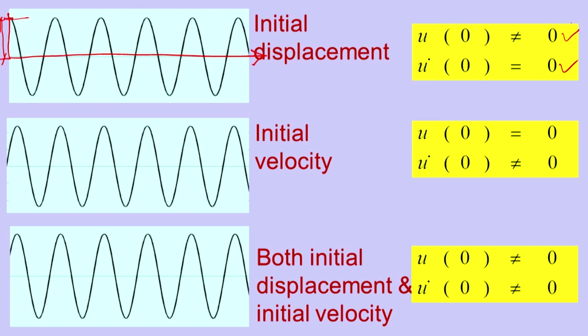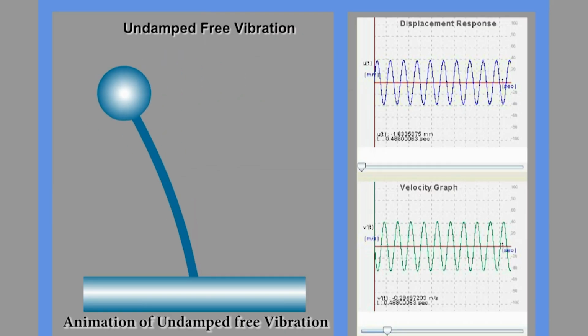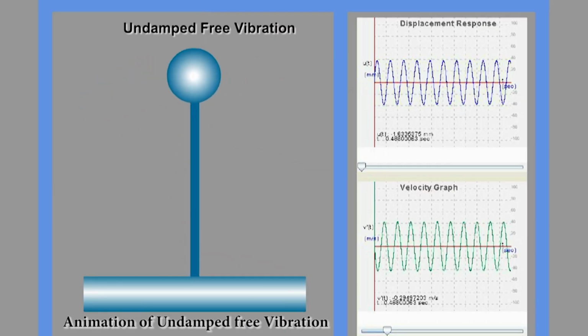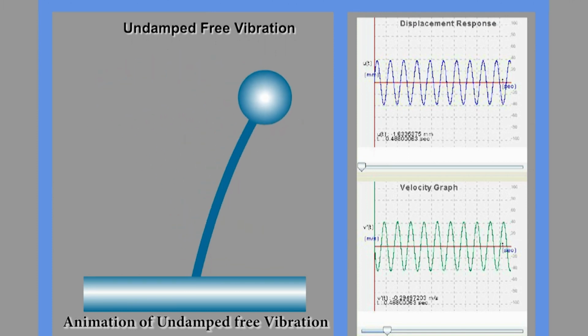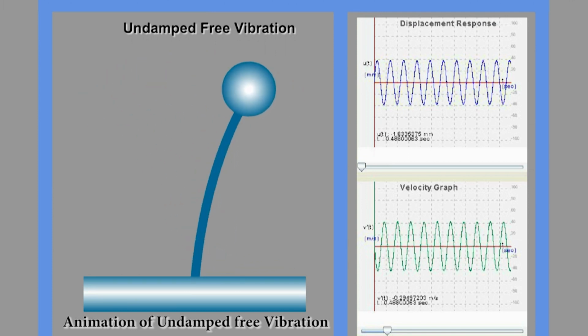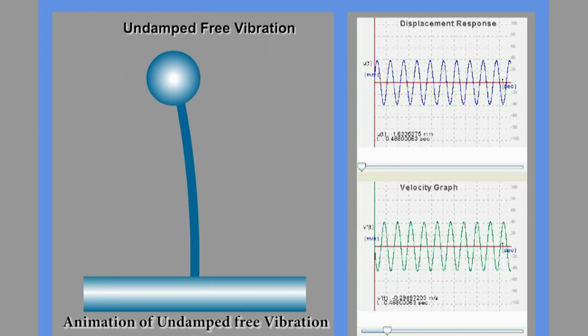In the second case, the initial velocity is present; initial displacement is 0 and initial velocity is non-zero. And in the third case, initial displacement is there, and also initial velocity. So these three cases are there: initial displacement, initial velocity, and initial displacement along with initial velocity.